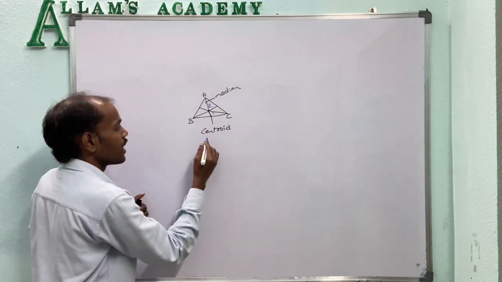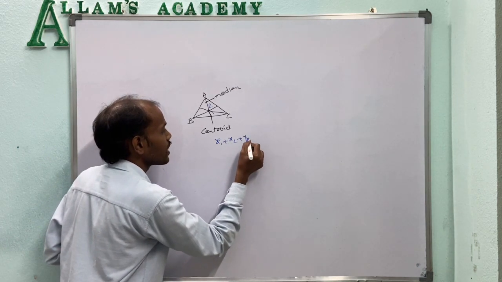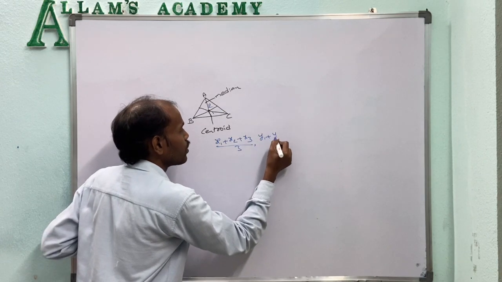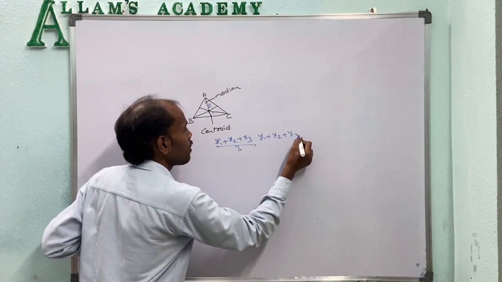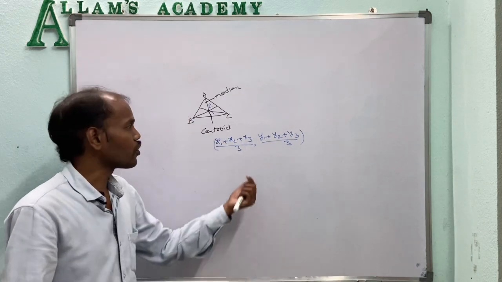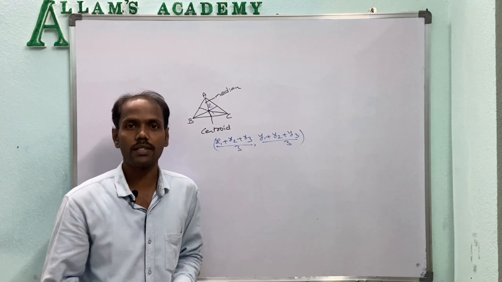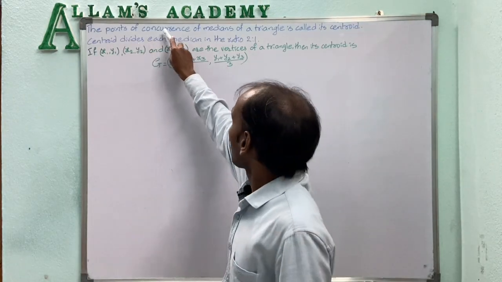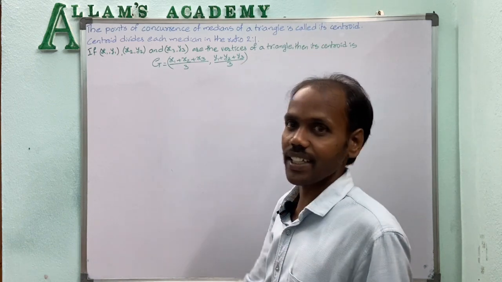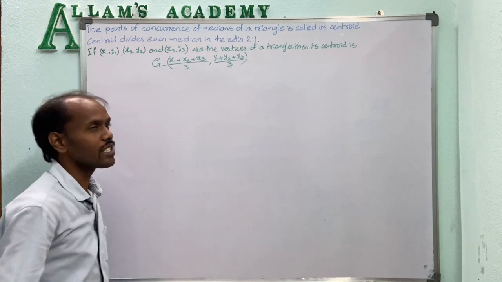Now the centroid formula is (x1 plus x2 plus x3) by 3, (y1 plus y2 plus y3) by 3. Now by using this centroid formula, we solve some problems. The point of concurrence of medians of a triangle is called its centroid. Now the centroid divides each median in the ratio 2:1.